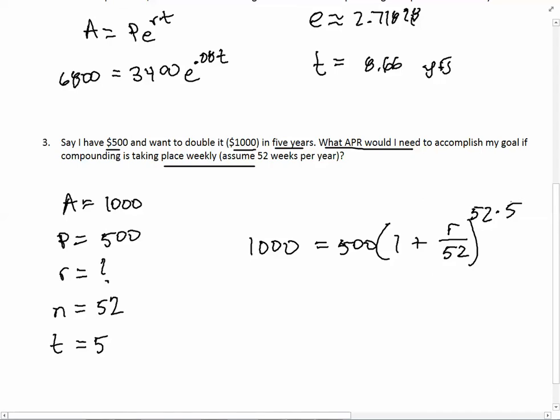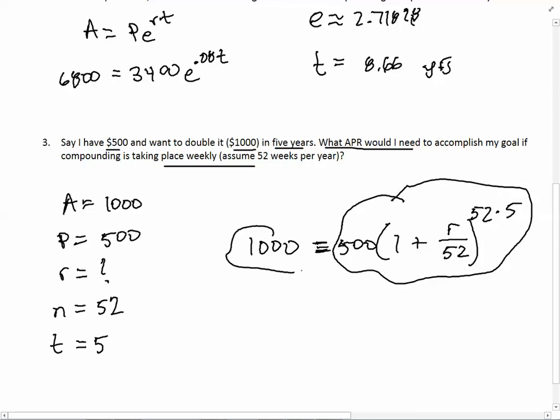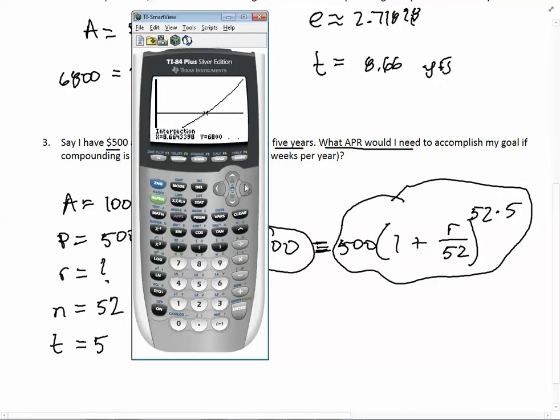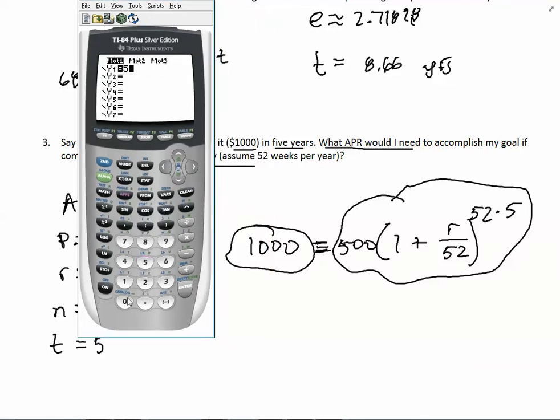Well again, I have an equal sign here, so I'm going to figure out when does this expression right here reach a balance of 1,000. So I'm going to come into my calculator, clear out both of my equations. Doesn't matter which one you do first here. I'll do 500 times 1 plus, well, I can't do R, I have to do X, divided by 52, raised to the parenthesis 52 times 5 power.